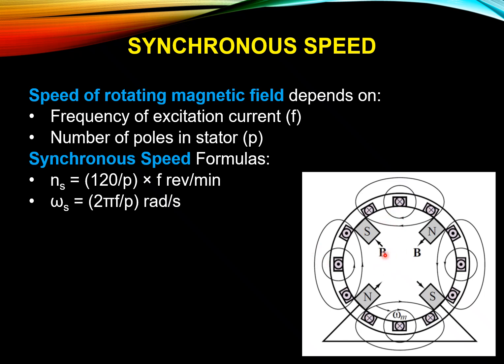It makes more steps involved, and of course it will create friction. For the synchronous speed formula, there are two formulas given: one in revolutions per minute and one in radians per second. This formula can be used to calculate it.